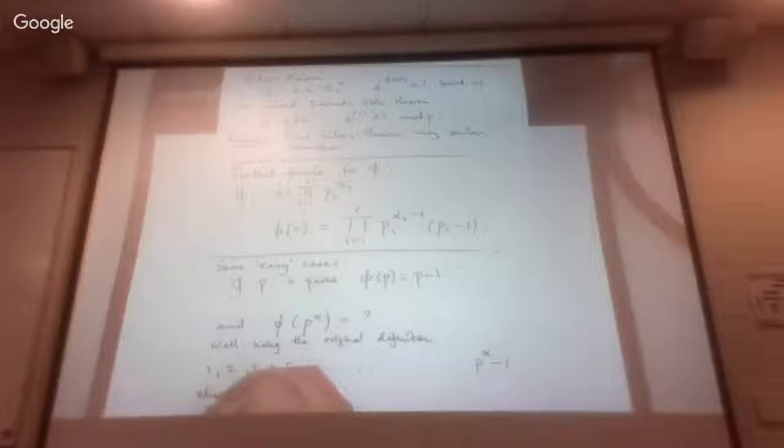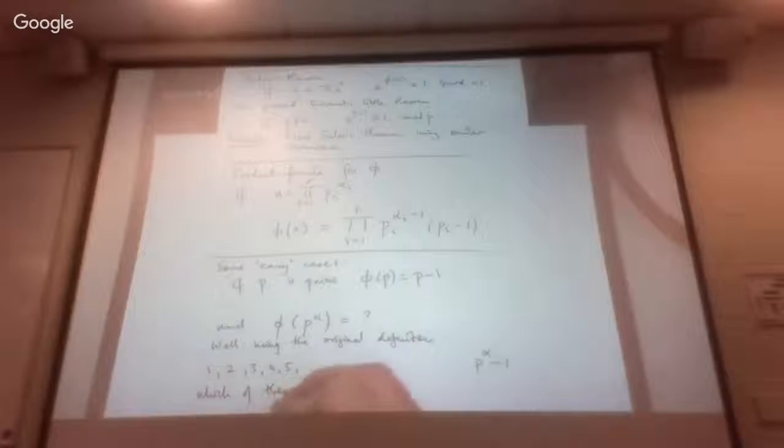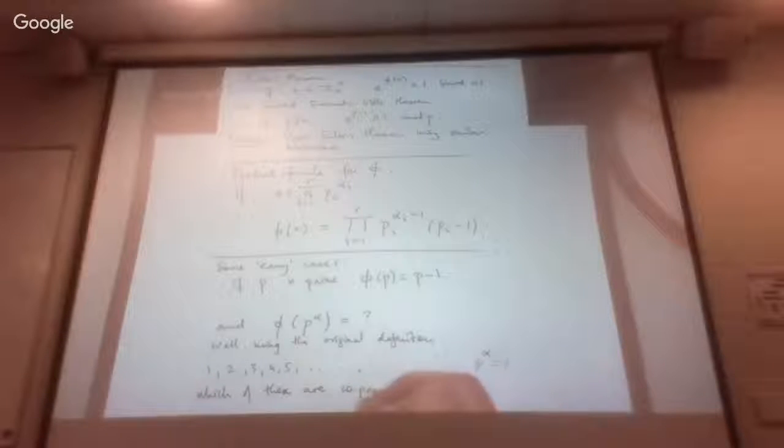So which of these are co-prime? Which of these, and how many of them, are co-prime to p? So those are the ones that are in the multiplicative group of congruence classes modulo p to the alpha.